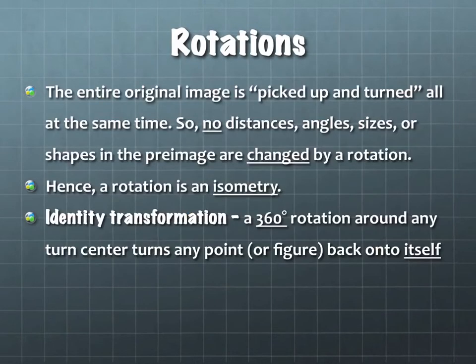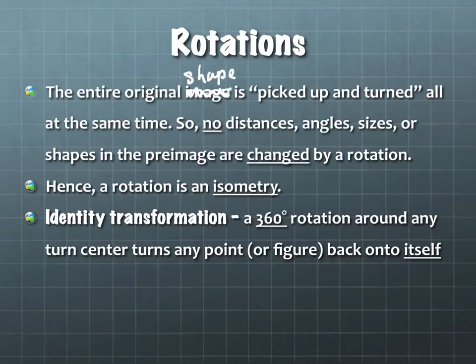So a few details about rotations. In a rotation, the entire shape is picked up and turned. So this really should say the entire pre-image. That would be better. Or just say shape, so it's not confused with where it ends. The entire shape is picked up and turned all at the same time.